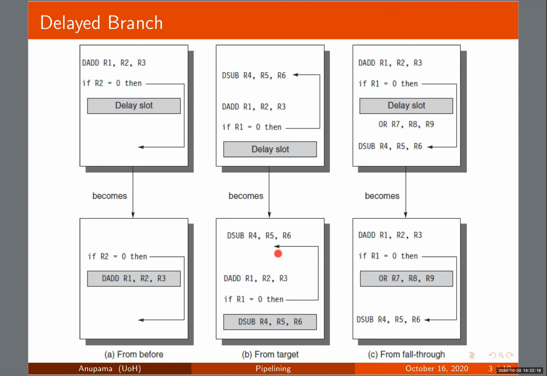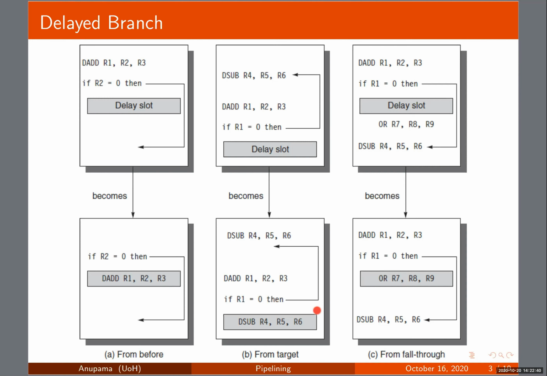By doing this, we are actually utilizing the branch delay slot effectively. But this is only true if the branch is taken. If the branch is not taken, then this instruction obviously is wasted.